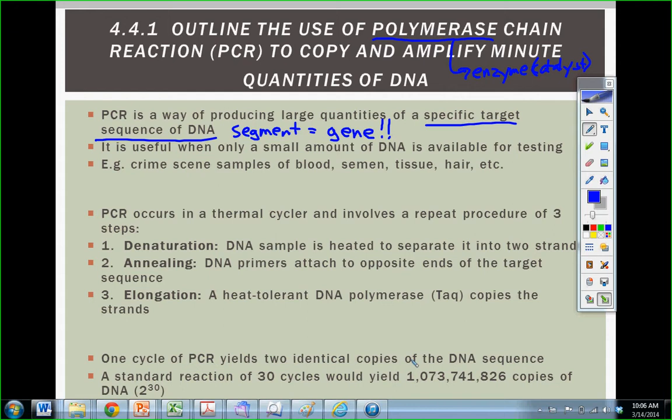PCR occurs in a thermocycler and involves a repeated procedure of 3 steps. This is a thermocycler. We own these thermocyclers. In this one, I can do 25 samples at once, 25 different genes at once. It's a lot, but considering that there's 3 billion base pairs, 25 genes is not a lot.